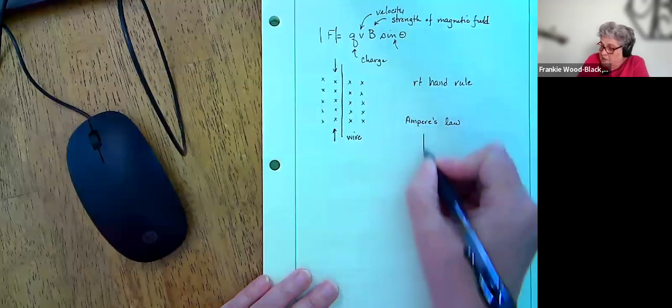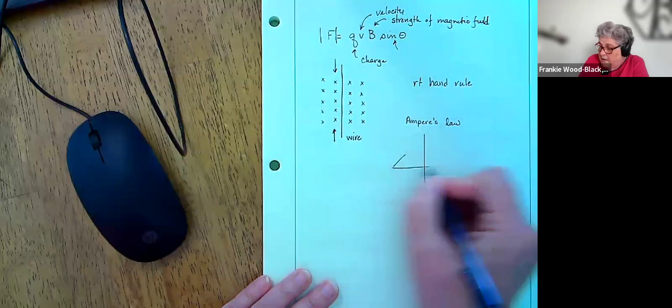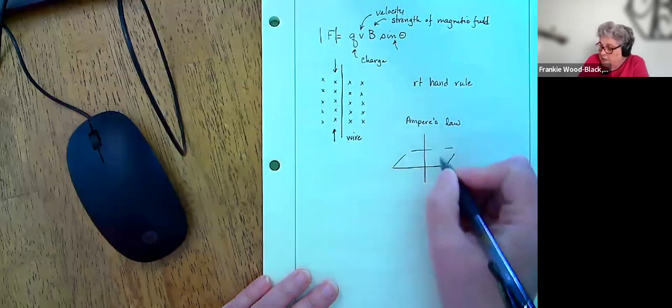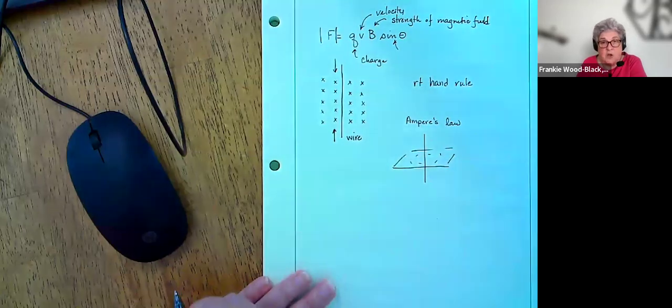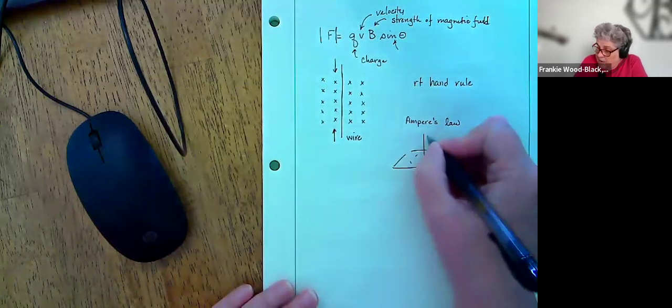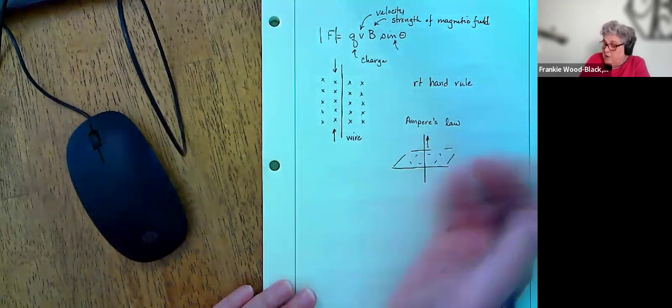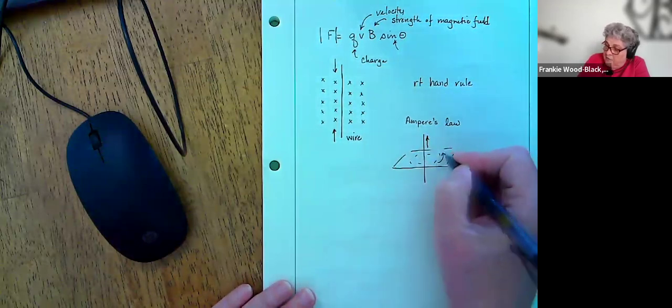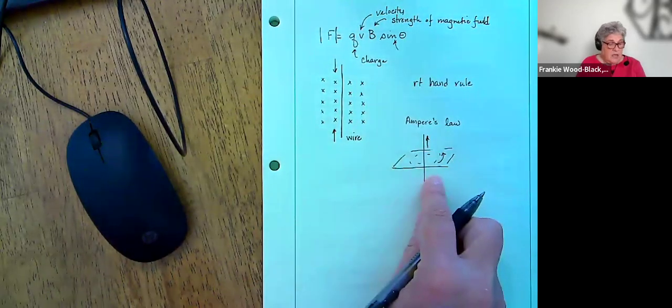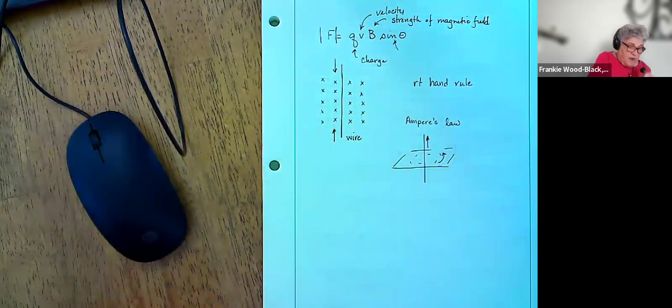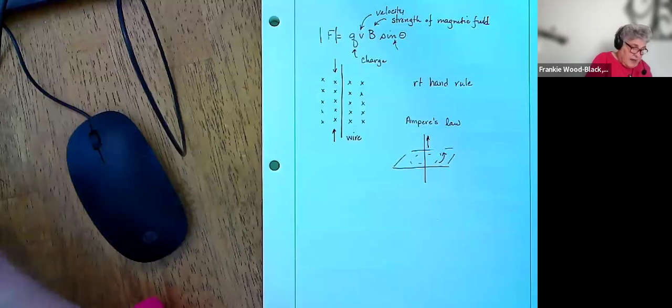Basically, what Ampere's law said is if I had a wire with my current, my compass would show that the magnetic field goes around my wire in that direction. If I wanted to write out Ampere's law, I'm going to get that written out here.